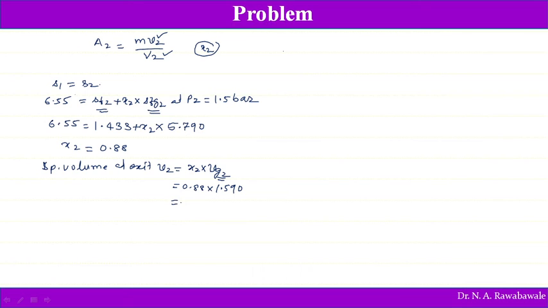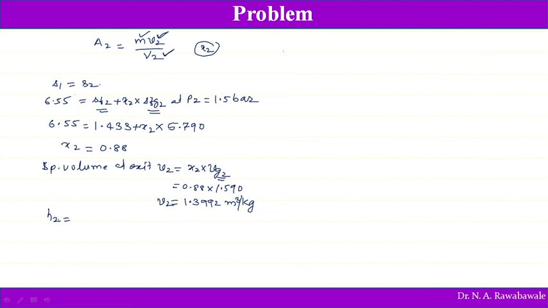So specific volume we get as 1.3992 meter cube per kg of V2. So now we know mass flow rate, we know specific volume, we must know the velocity. To find out velocity we must calculate enthalpy at point 2.